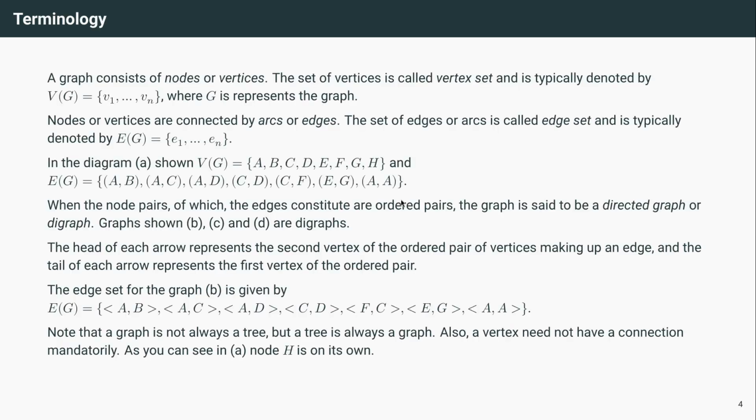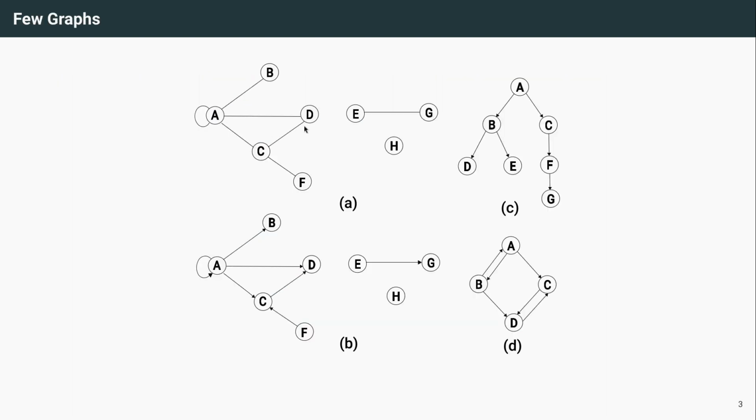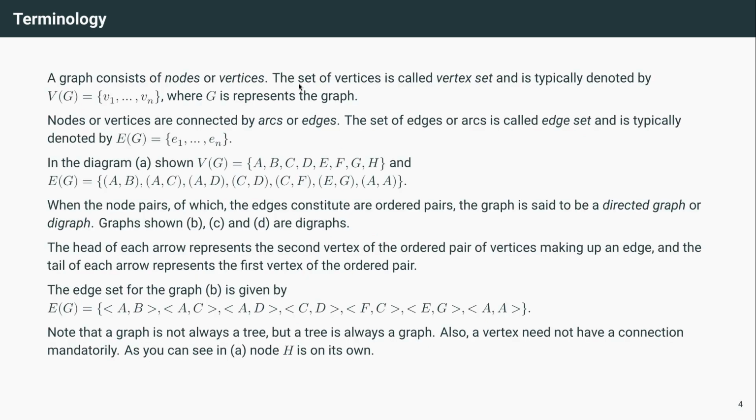So essentially a graph consists of nodes or vertices. So A, B, C, D, E, F, these are nodes or vertices. The set of vertices is called the vertex set and is typically denoted by V of G, where G represents the graph.